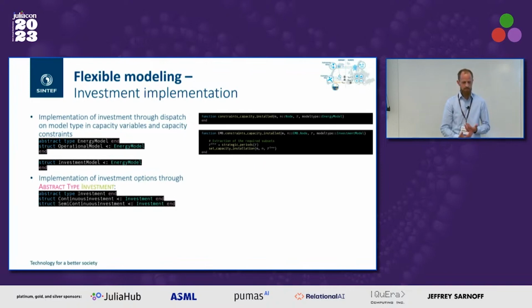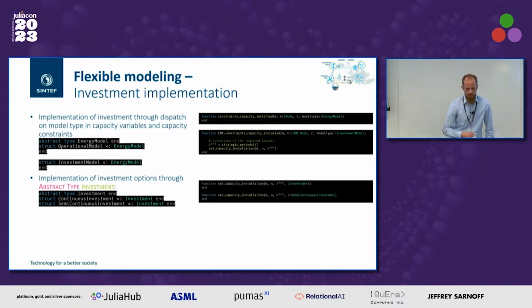We have a similar approach for the investment options in itself, based on type structure. In that respect, we have a simple approach where we do not have to copy code from one point to the next. We just reuse what already exists and only change the parts of the model which require change.